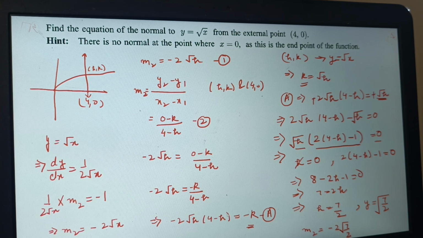Okay, let's go to the next slide and continue this question. Now I need to find the equation. Here I will change this to k. Now let's move to our equation. My equation of the normal will be y minus k equals the slope into x minus h.